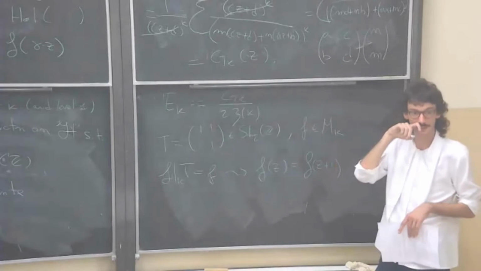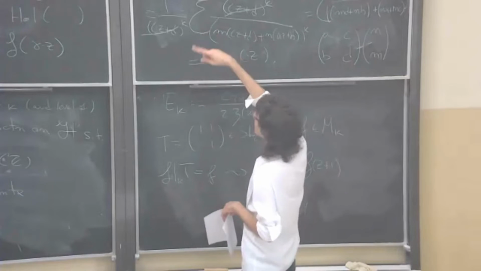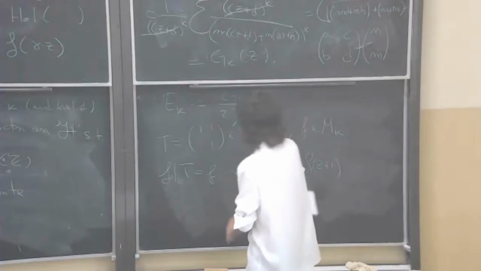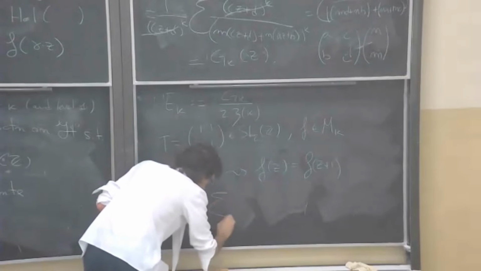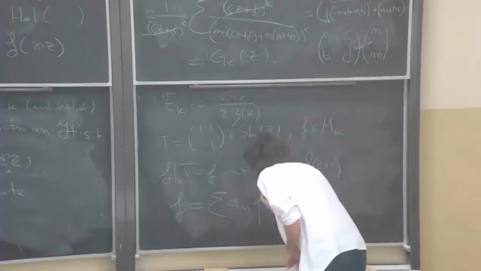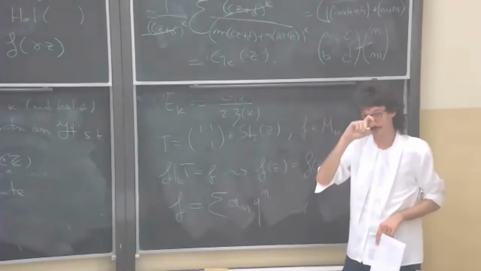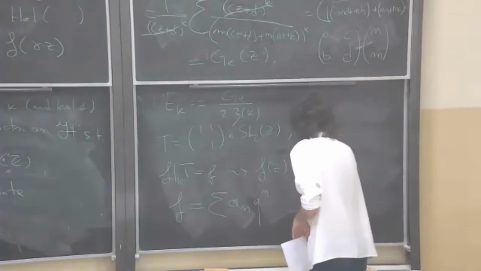So those functions are periodic of period 1. So all elements of M_k can be written in a unique way in what is called a Q expansion, the sum of a_n q to the n, for some complex coefficients a_n.